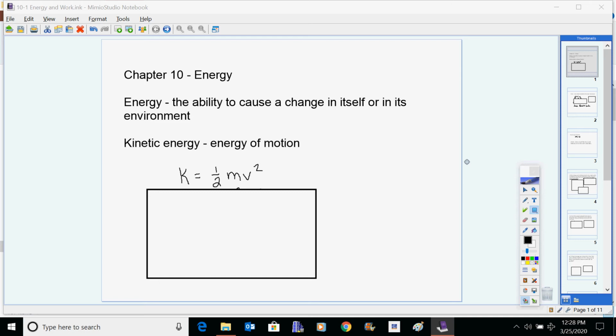It can be stored because of a position, because of gravity, or it can be something that's moving, so it possesses energy because it can cause a change, or it can be even stored up chemically, or even in the nucleus of an atom. There's all kinds of energy, but we're going to focus right now on kinetic energy, being the energy of motion, because anything that's in motion does have the ability to cause a change in itself or its environment.